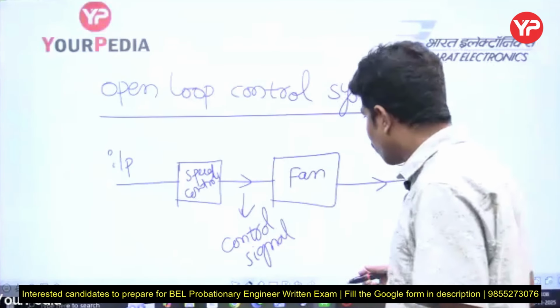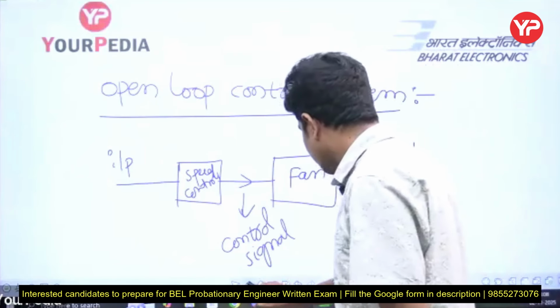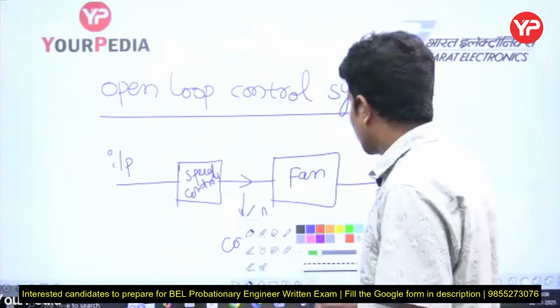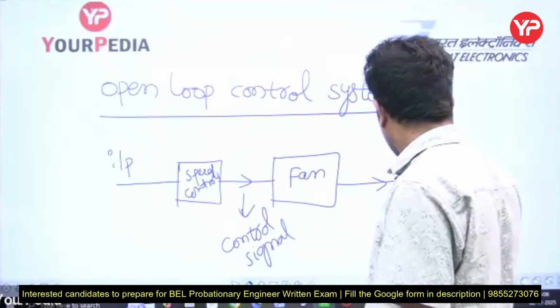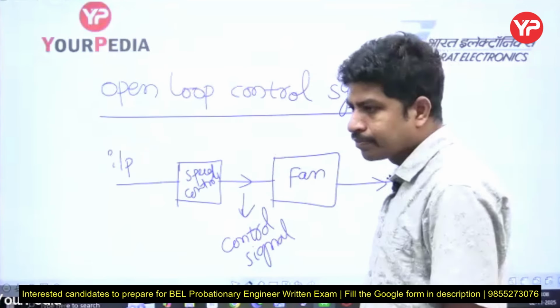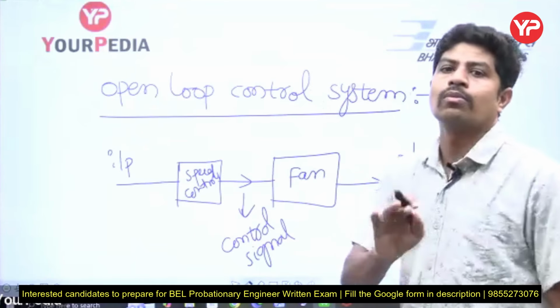Now this is the output. Very simply, I want my fan to rotate at 500 rpm, for example. Whether 500 rpm is achieved or not, we don't know. Why?